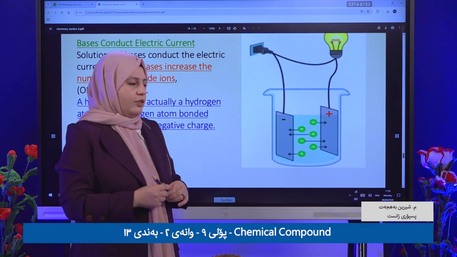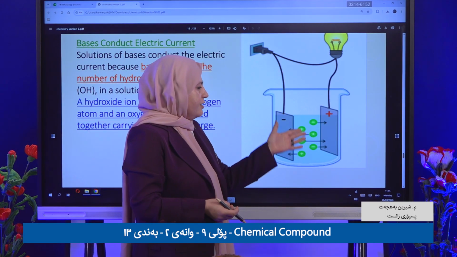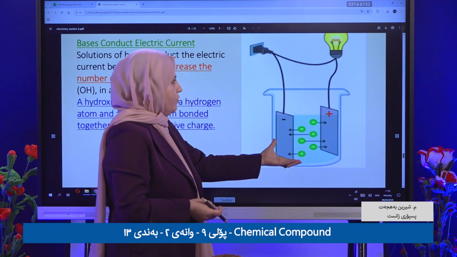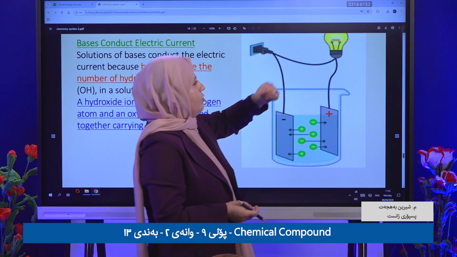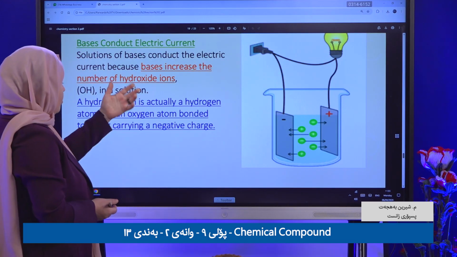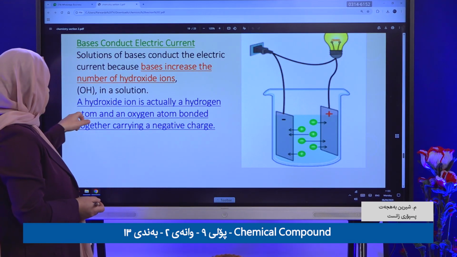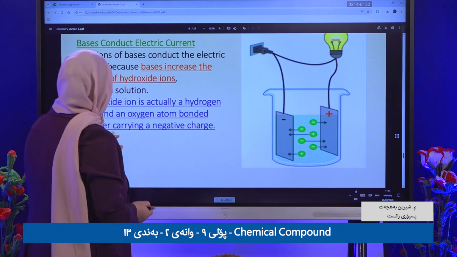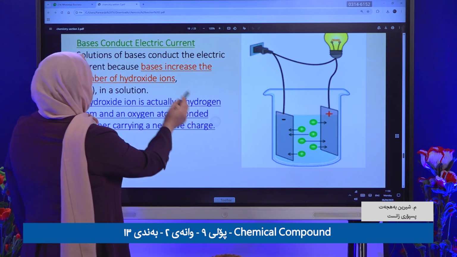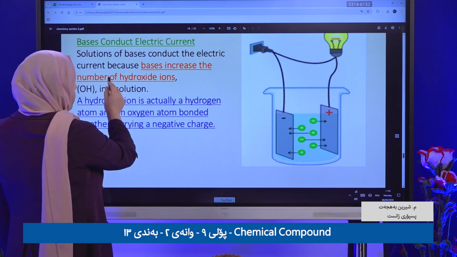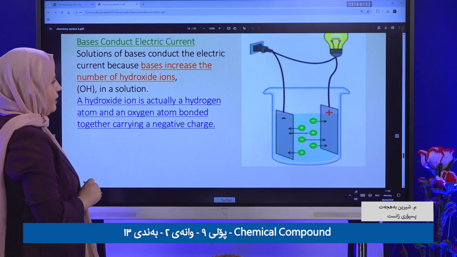This combination increases the number of hydroxide ions. Ions are formed, that's why the lamp starts to turn on. Hydroxide ion is actually a hydrogen atom and an oxygen atom bonded together with a negative charge. So a base increases the number of hydroxide ions. Clear?